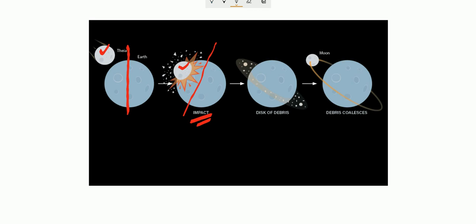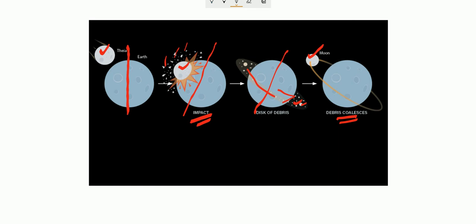Because of this impact, materials were ejected and continued to revolve around the Earth, and these debris coalesced, meaning combined together, into one body known as the Moon, the only natural satellite of the Earth.